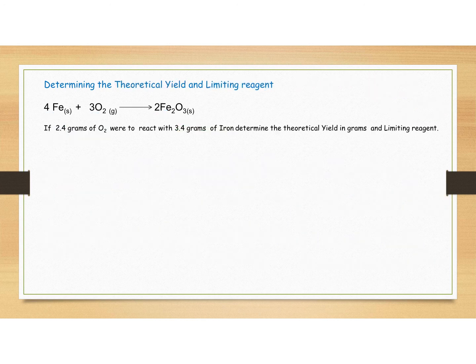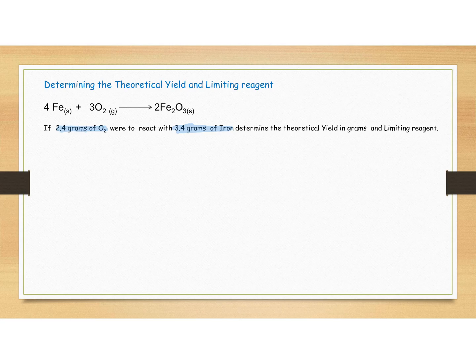Let's try this problem again, but with a different twist on it. What's the problem asking me? I have 2.4 grams of O2 and 3.4 grams of iron. How is this problem different than the previous problem?